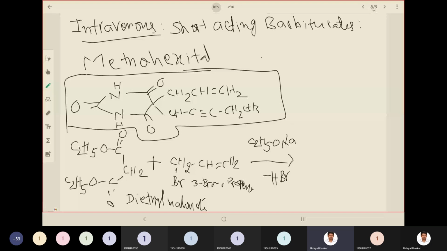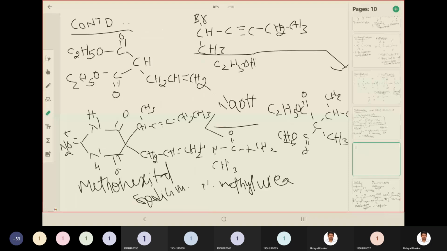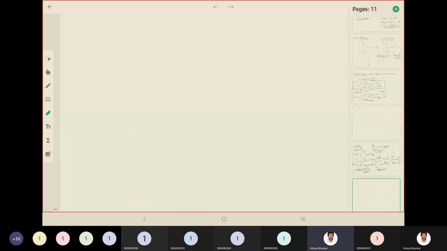And in order to get the sodium salt, we'll add a strong base, that is NaOH, so that we'll get a sodium salt here. So that is the synthesis of methohexital sodium.